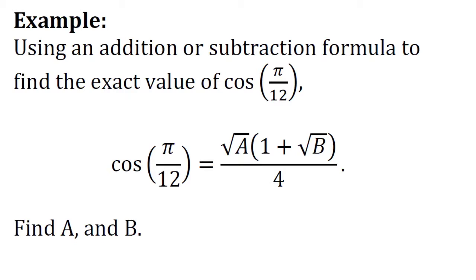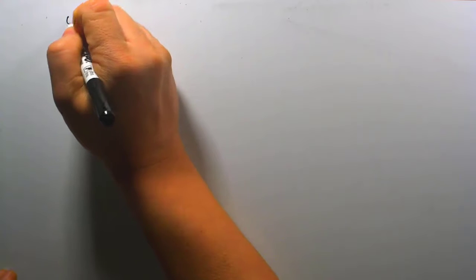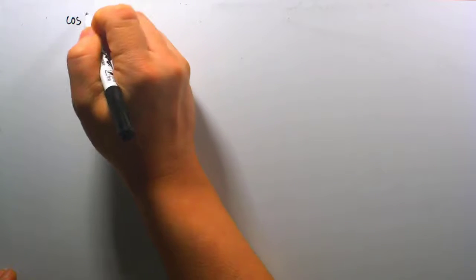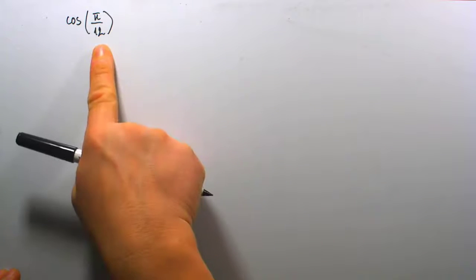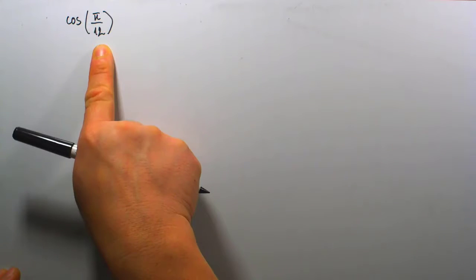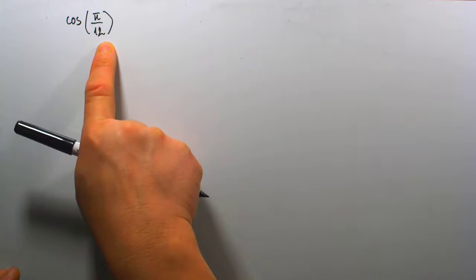And so now on my board, cosine of pi over 12. The first thing to look at is this angle pi over 12. What I notice is that it's not a common angle.